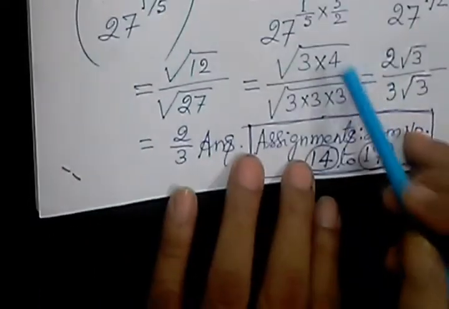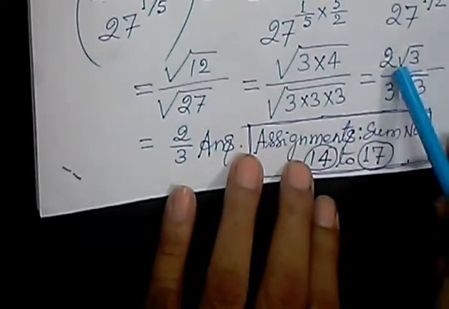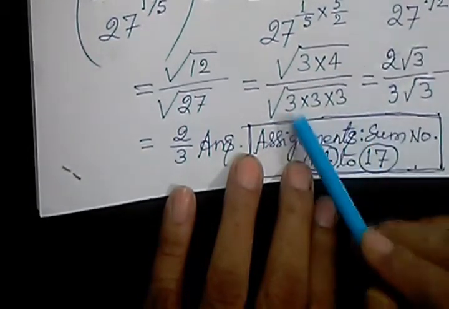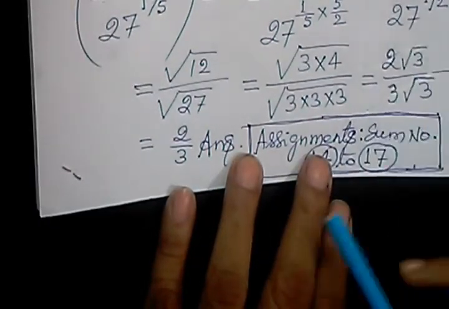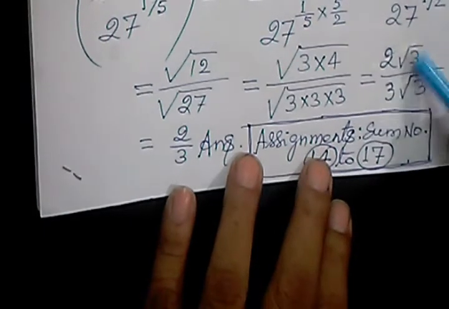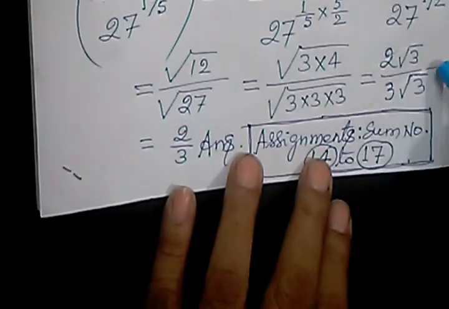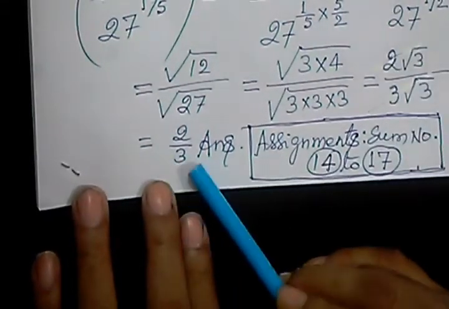Now for 4, 2 will come outside and root 3. So it is 2 root 3, and in the denominator for 3 square, 3 will come outside and root 3. So 3 root 3. In the numerator and denominator now cancel the root 3. You will get only 2 upon 3. So here it is 2 upon 3.